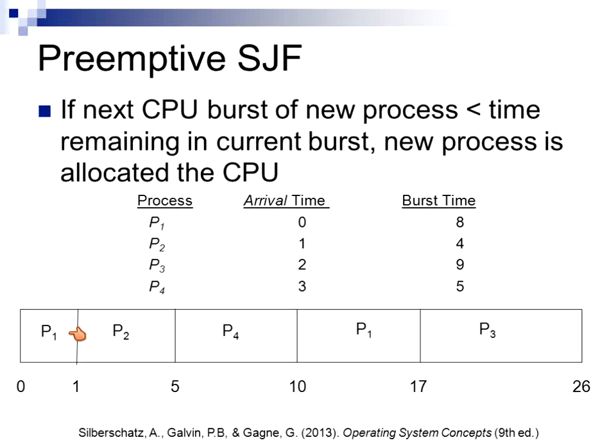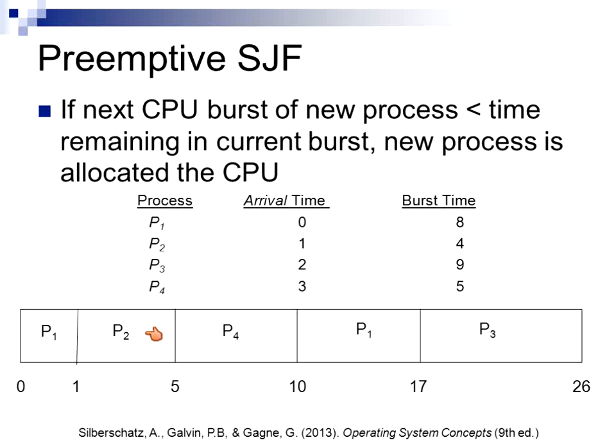P2 only has a burst time of 4, which is shorter than what process 1 has left. Process 1 is an 8 millisecond job, so it executed 1 unit and still has 7 left when process 2 enters with only a 4 unit burst.